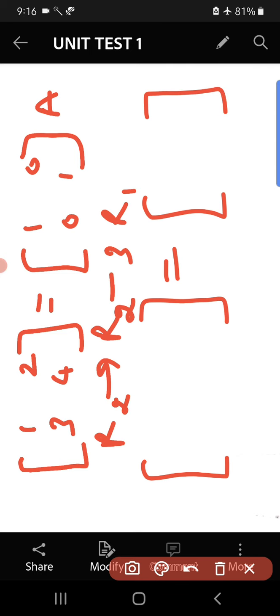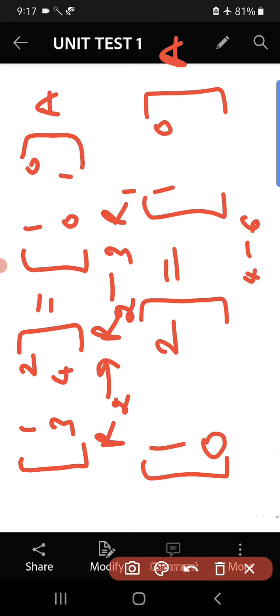I am not going to change the first row. So 3 minus 3 will get 0. See, this 4 minus 3 into 2, 6, 4 minus 6, that will be minus 2. Similarly, on the right-hand side, 0 minus 3 ones are 3, that is 0 minus 3.